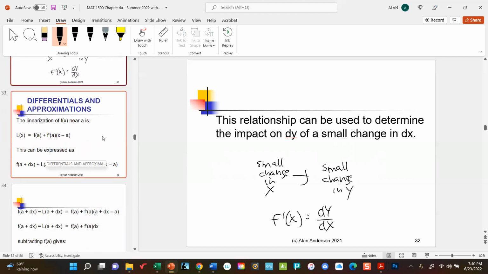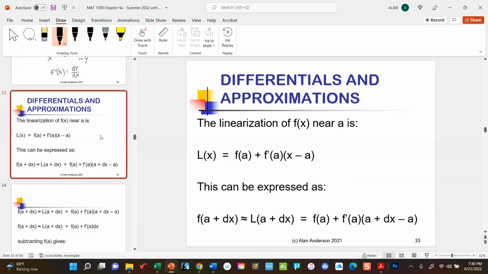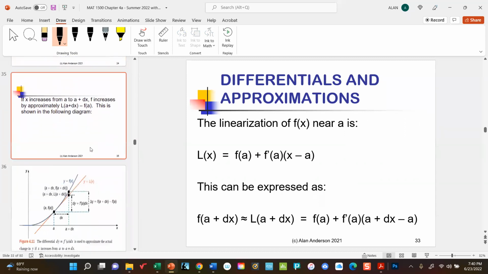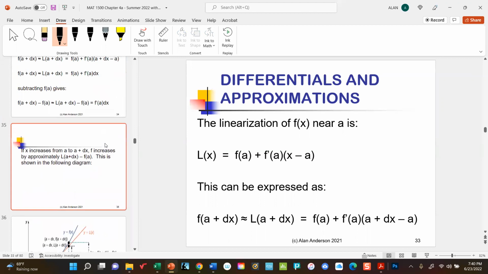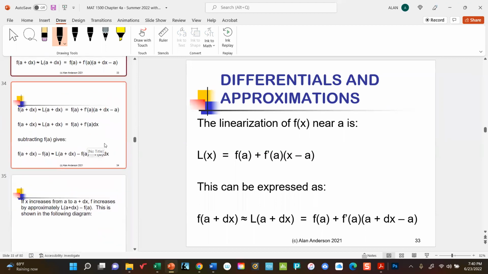Anyway, so we can now go back and revisit this linearization idea and rewrite it in terms of differentials. You'll see that in the diagram, it looks very complicated, but it really isn't, because it captures the idea that when we have very small changes, what we're dealing with here is actually differentials. So this is the linearization function we saw earlier.